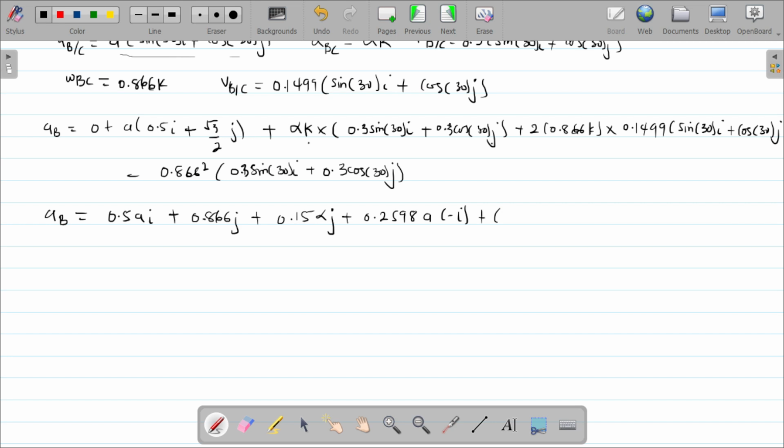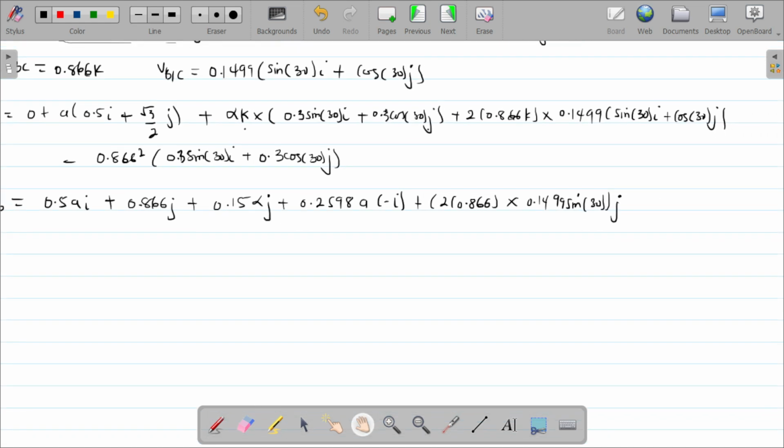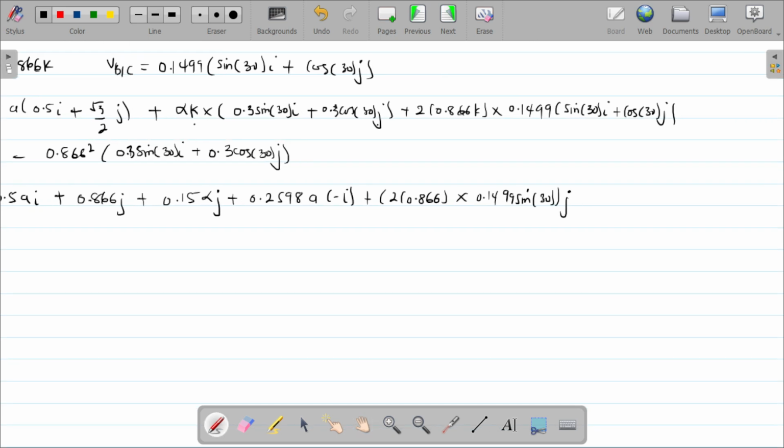So plus 2 into bracket 0.866 times 0.1499 sine 30, and then in the direction, which is what? k cross i. k cross i is j. Now at this level, if you understand, you can just do the direct multiplication. I'm doing this to avoid any confusion. Now the next, I will cross this with the j.